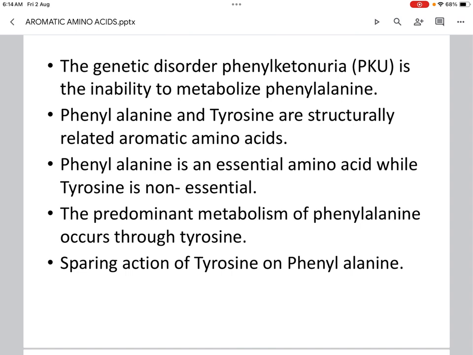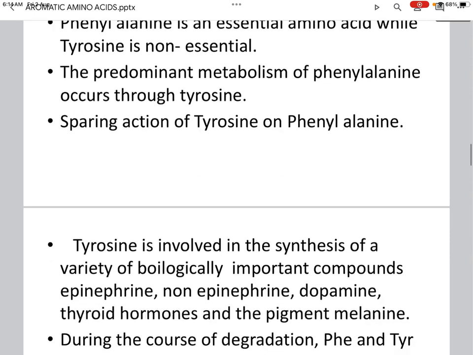Next is the sparing action of tyrosine on phenylalanine. Sparing action is a phenomenon that occurs when tyrosine ingestion reduces the dietary requirement of phenylalanine. This is because phenylalanine's only function other than incorporation into protein is its conversion to tyrosine.